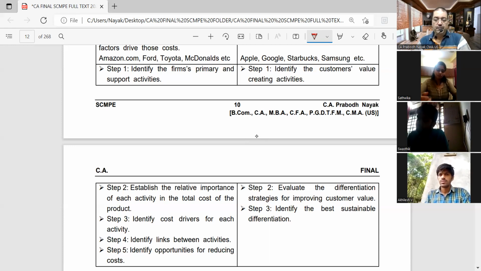Step number 3. Identify cost drivers for each activity. Step number 3. Identify cost drivers for each activity.